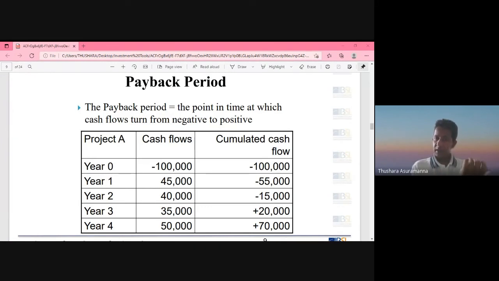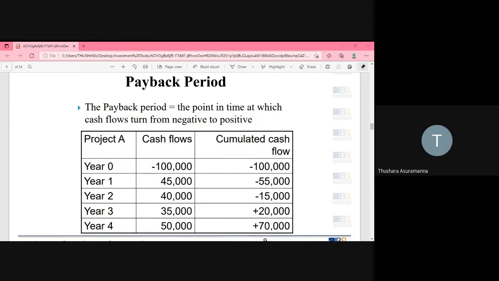Right. Can we make an effort on project B? Take 5 minutes among you and use the same data as project A. As column 1, take year 0, year 1, year 2, year 3, year 4, then cash flows with project B, and then cumulative cash flow. Have this table for project B and let me know the answer.